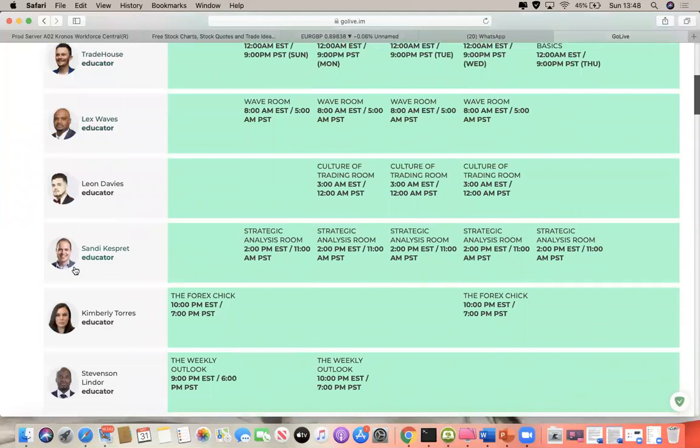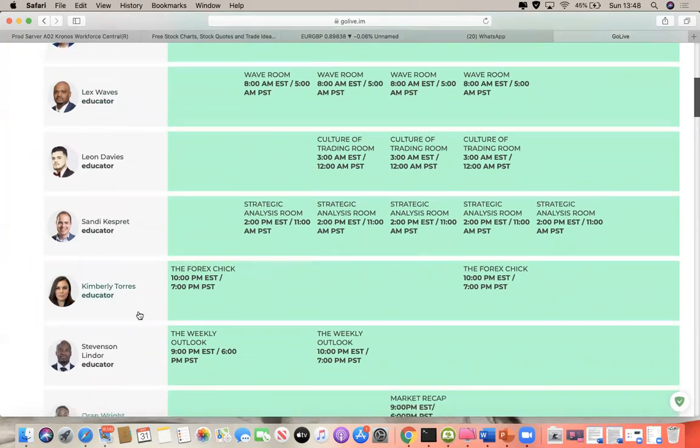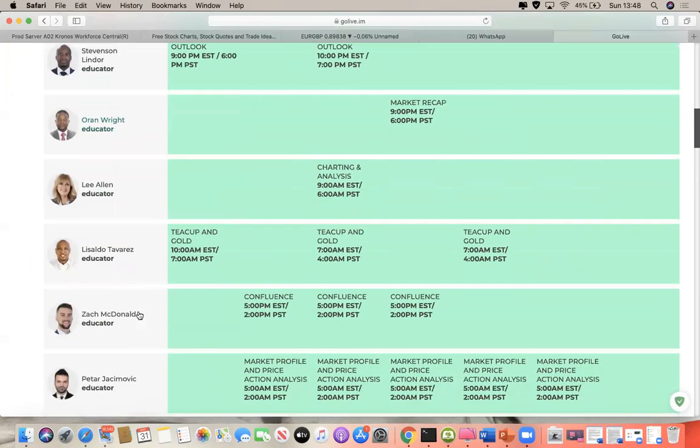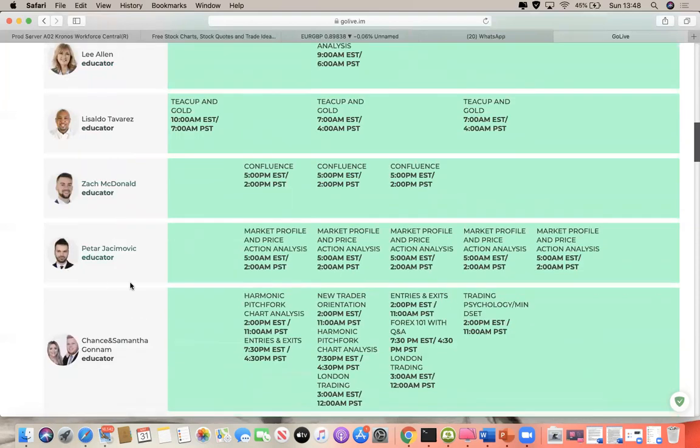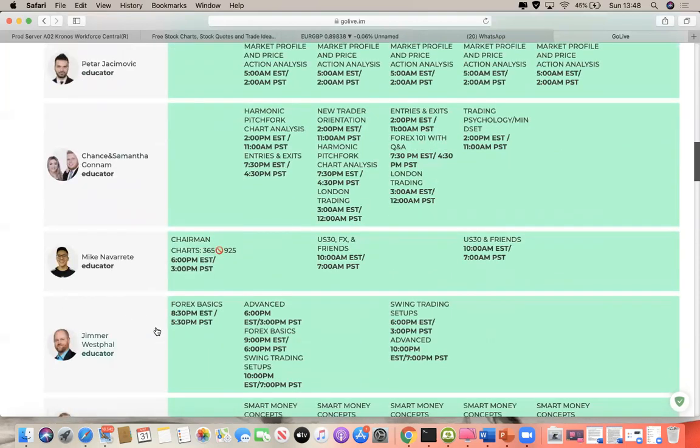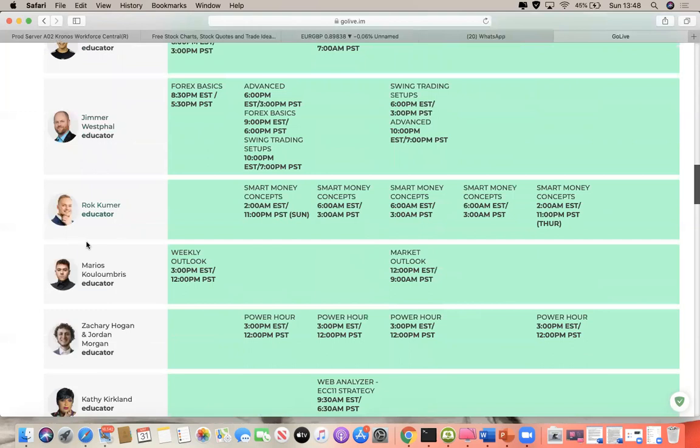Sandy Casper, he's an institutional trader. You've already sent everything right there for everybody. So these are the institutional traders. Zach McDonald's, Mike Navarrete, Rock Kuma. Rock Kuma is my favorite.